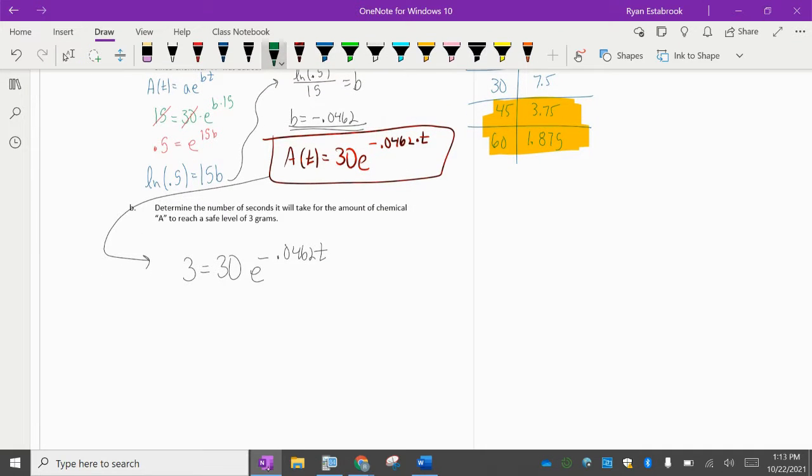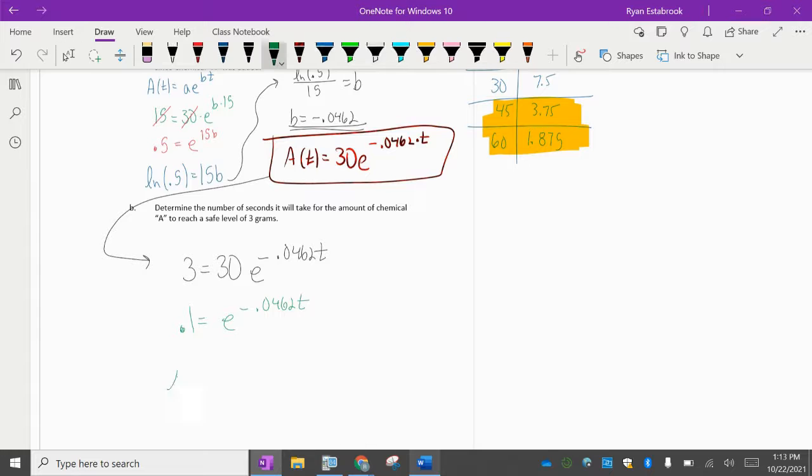And we've solved some problems like this before. What's the first step in getting this one solved for t? Divide both sides by 30. We get 0.1 equals e to the negative 0.0462 t. Great, simplified it a little bit. Now it's stuck, so we take the natural log.